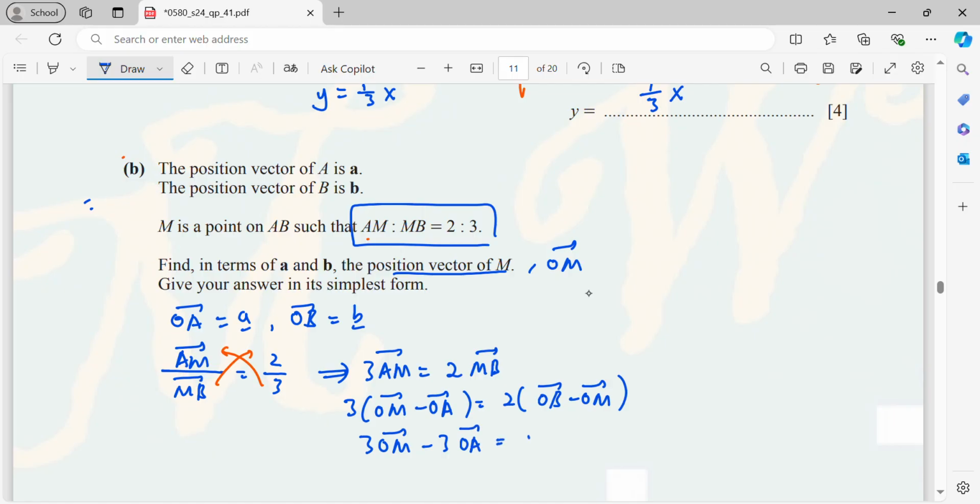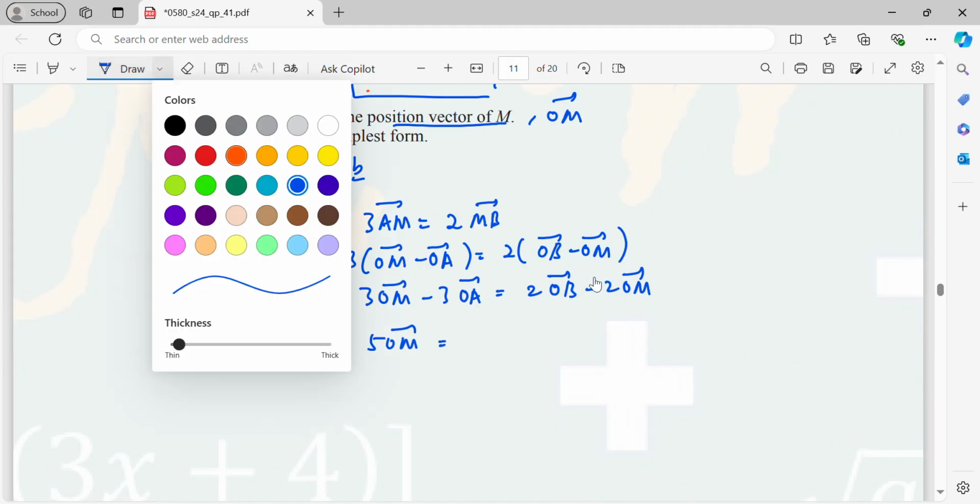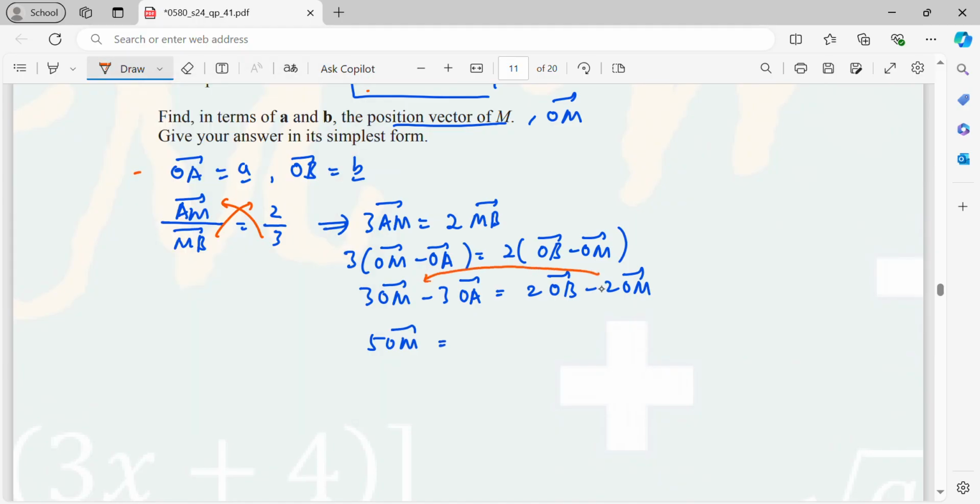Then the right side, 2OB minus 2OM. So now group the OM together, so I will get 5OM. Then move the OA to the other side, that means it's plus, so I get 2OB plus 3OA.